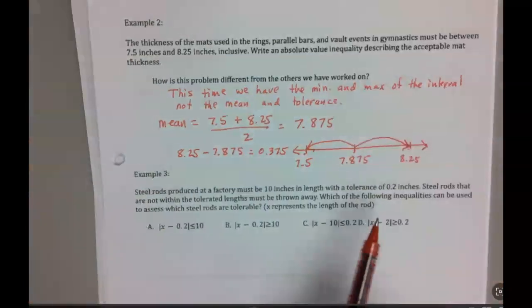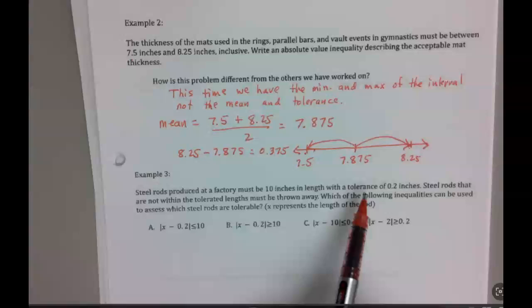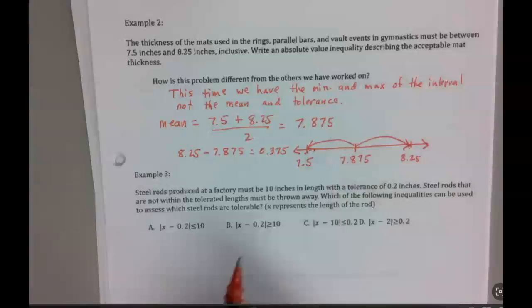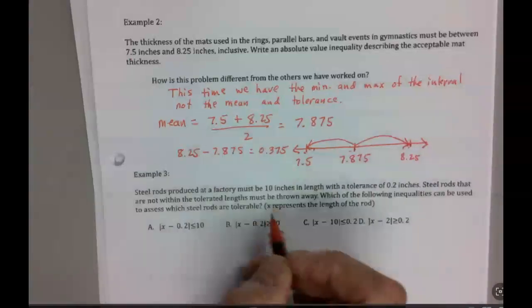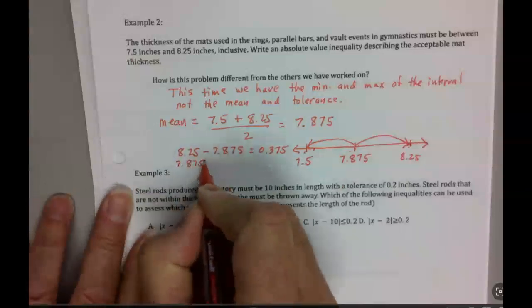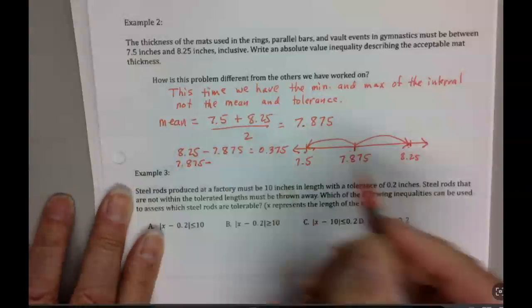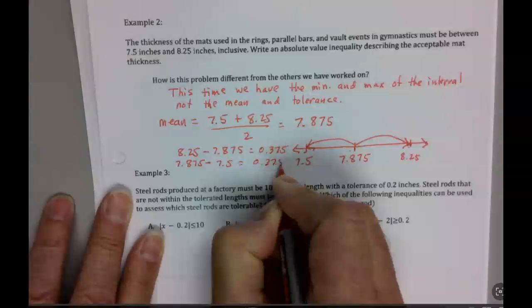What's another way I could do it? Couldn't I subtract these two here? Wouldn't I get the same value? Because aren't they the same length from here to here and from here to here? So I could do it either way. I could take the mean and subtract as well, couldn't I? And I get the same thing. There's your tolerance.